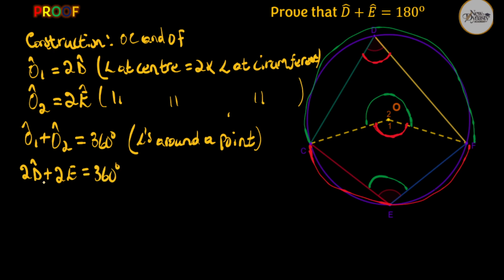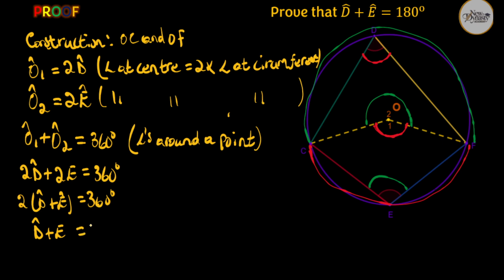And that still equals 360 degrees. Now, what we can do here, as I said, I'm seeing twice D and twice E. 2 is the highest common factor, so I'm going to take it out as the common factor. Here we're going to have 2 times D plus E equals 360 degrees. Then I divide both sides by 2. I'm going to be left with angle D plus angle E. The brackets fall off because I've divided by 2 and they have cancelled.